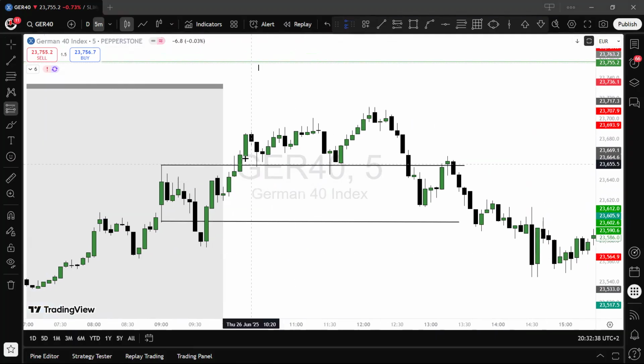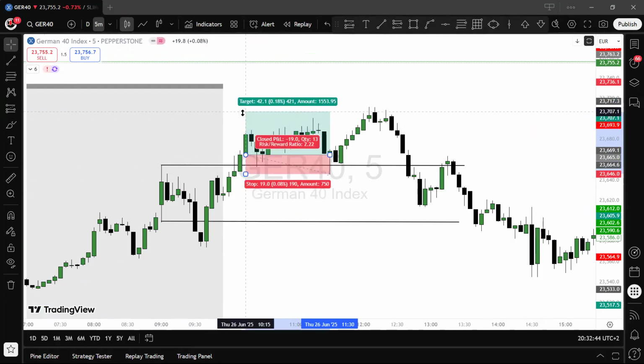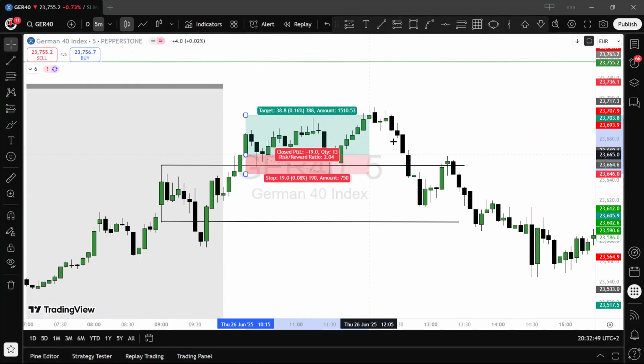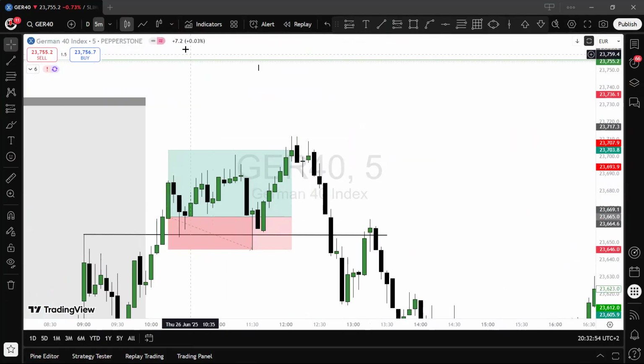So let's see if we would have used this as an entry with a stop loss here, going for 1:2. It would have taken us out. Do you see this wick here? Right, so a stop loss based off this low this week would have taken us out because our 1:2 is right here.